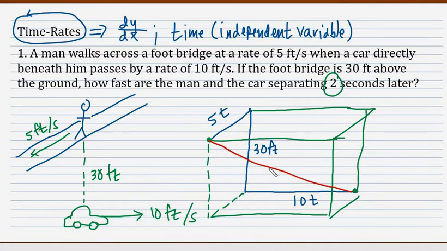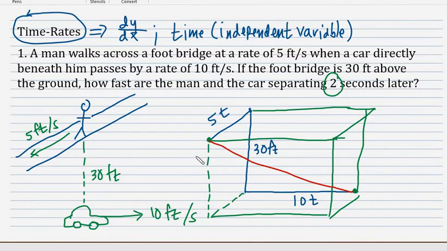Try to imagine that the man would still go forward, and the car here would still go forward in this direction. Both of them are moving and going forward.